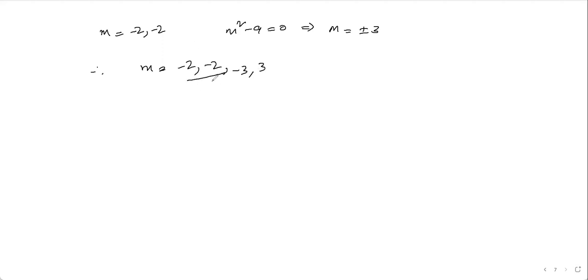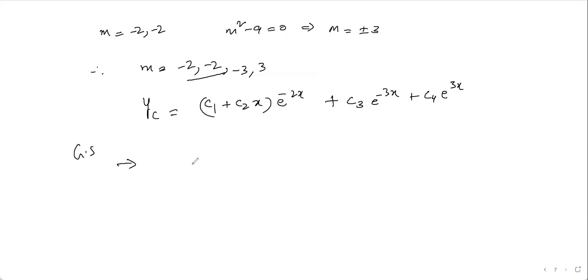Since we got the same roots, which is minus 2, the complementary function is c1 plus c2x e to the power of minus 2x, plus c3 e to the power of minus 3x, c4 e to the power of 3x, and the general solution will be y is c1 plus c2x e to the power of minus 2x, c3 e to the power of minus 3x, plus c4 e to the power of 3x.